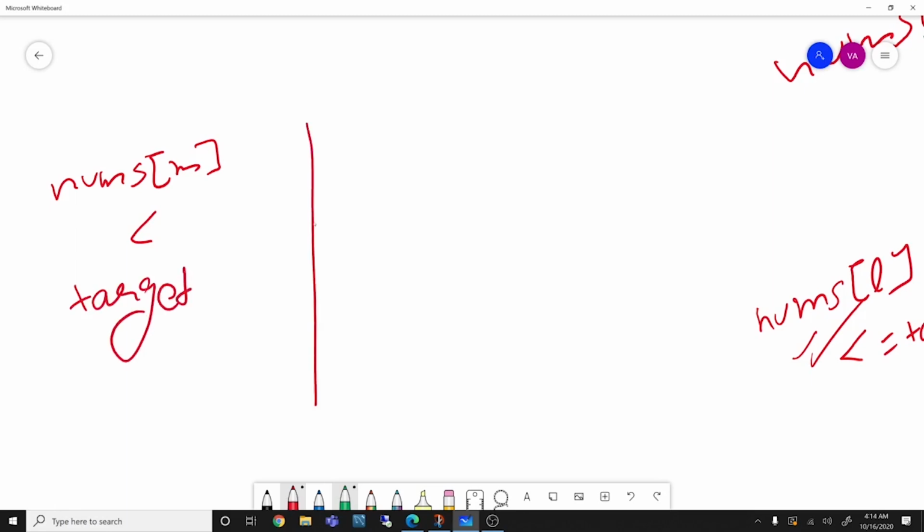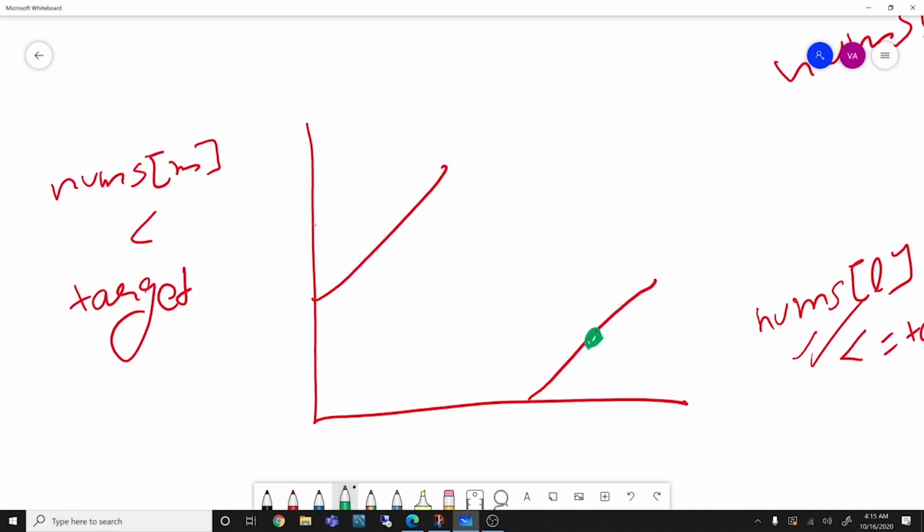So let's draw this graph again. Alright. Now again, two conditions: number one, nums of M can lie over here, or nums of M can lie over here. Now I know that target is greater than nums of M. So for this condition, there's only one possible search space, which is this one. However, for this condition, the search space is again this one as well as this one.